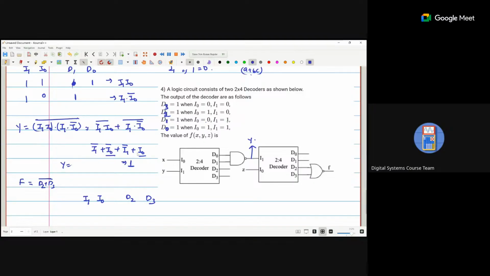The point is that I1 is 1, so I0 is either 0 or 1.